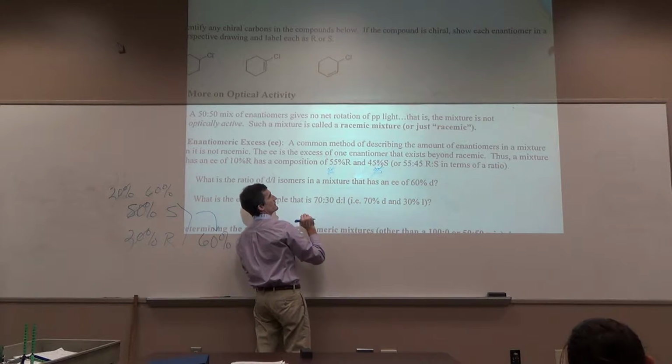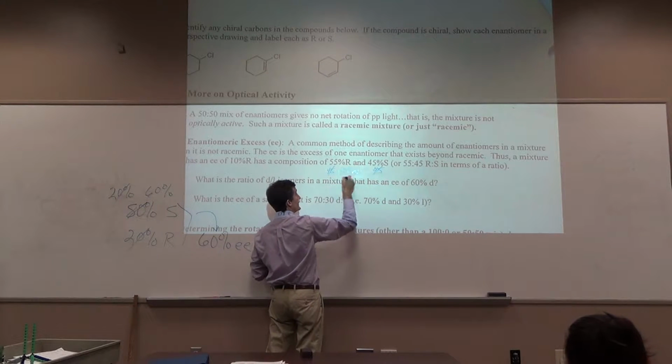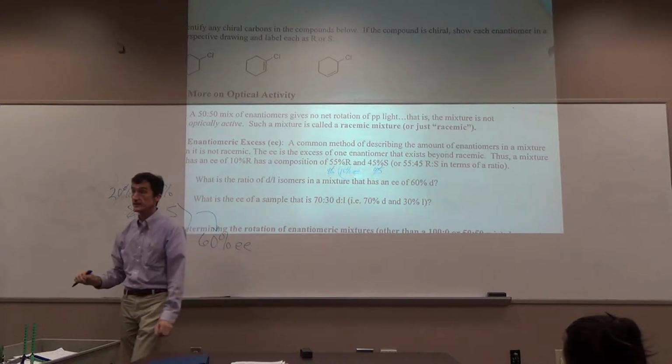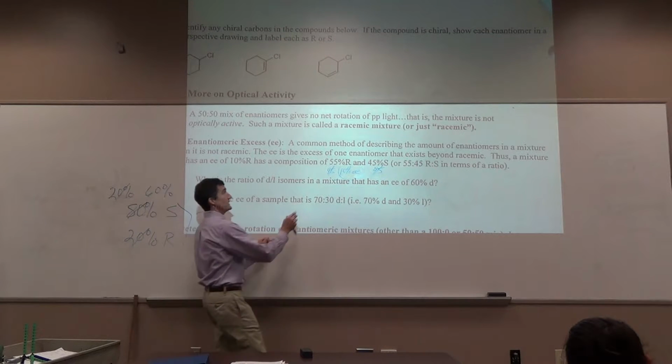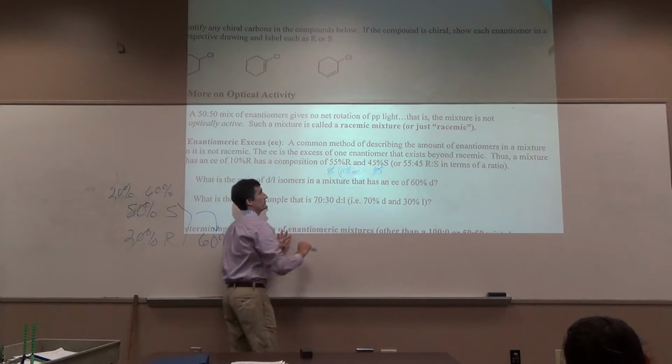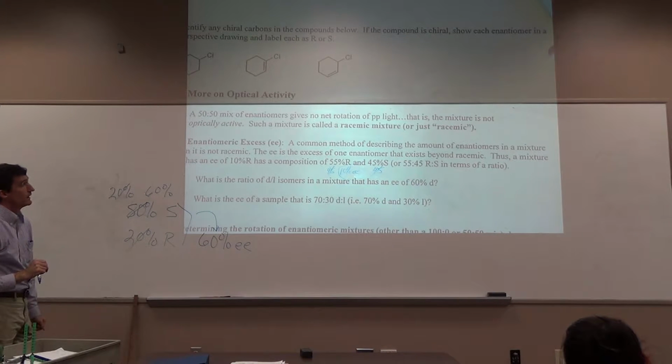What's left over here? 10. 10% is left. That's the EE. What's left beyond racemic is your EE. So for a 55-45 mixture, you say, hey, that's 10% EE. But again, it's really just the difference between the two numbers. We'll go both ways on this.